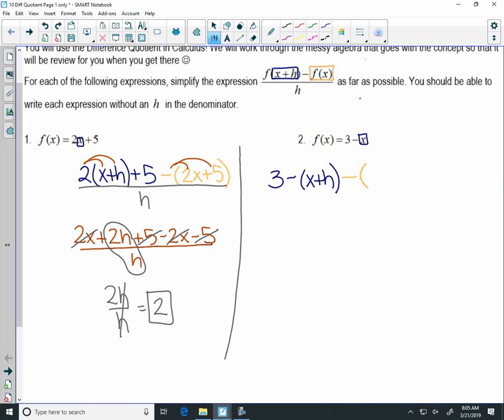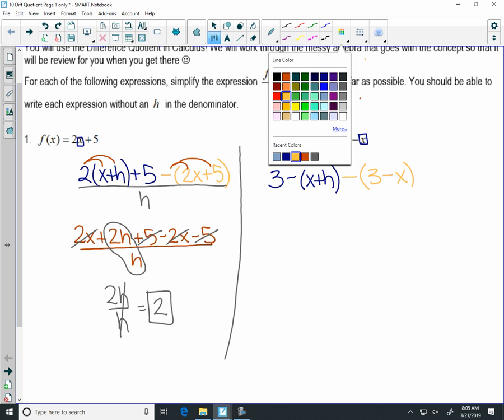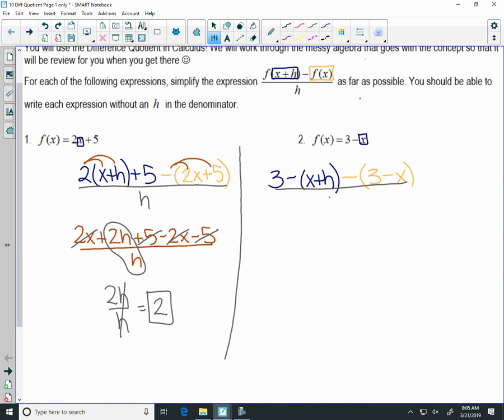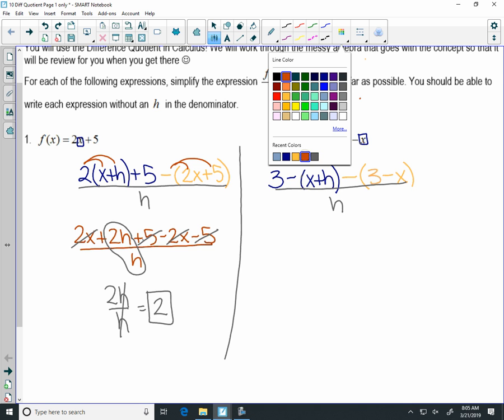My f of x is 3 minus x. And it's all over h. So that's a lot of parentheses there for something that looks really simple to start with, but they're all important. Here f of x plus h, we have to have that x plus h there in the equation, minus f of x.